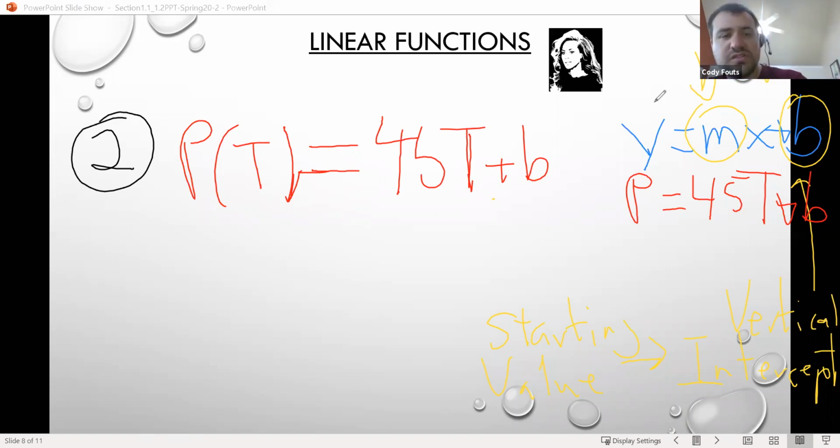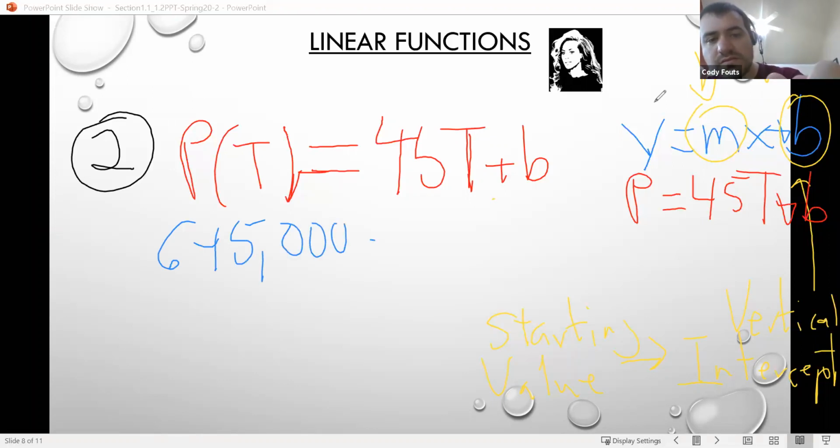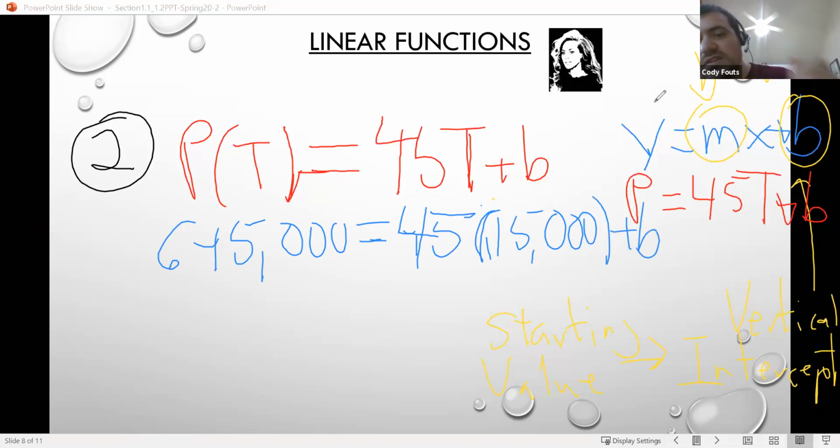So I can set up an equation like this: $45 times 15,000 plus b. So we can multiply the 45 and the 15,000 and then subtract that answer from the 645,000 to isolate the b. And if we do that, it looks like we get negative 30,000 for b.